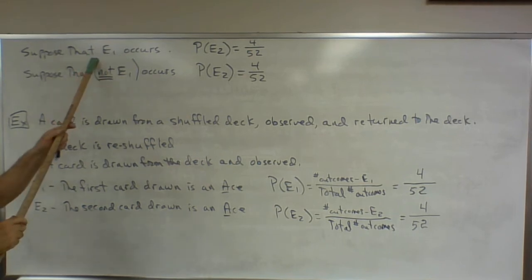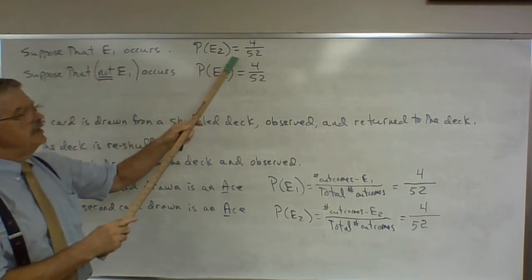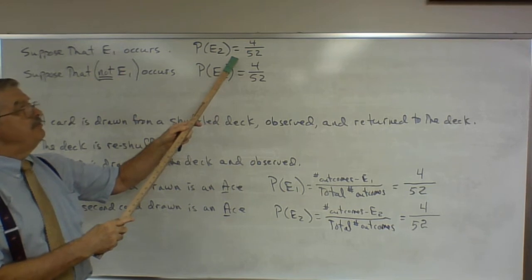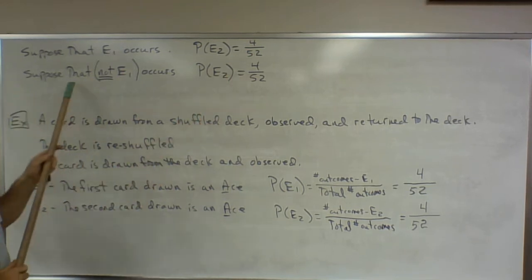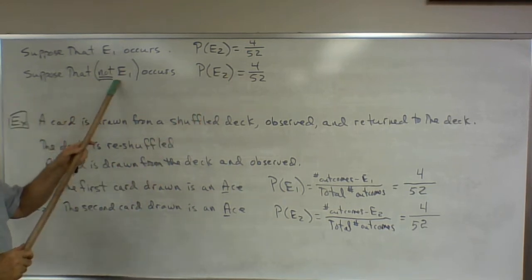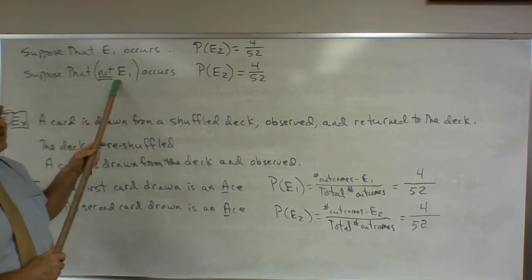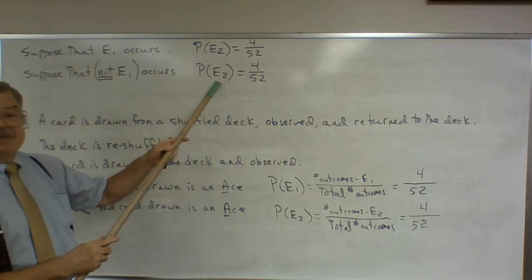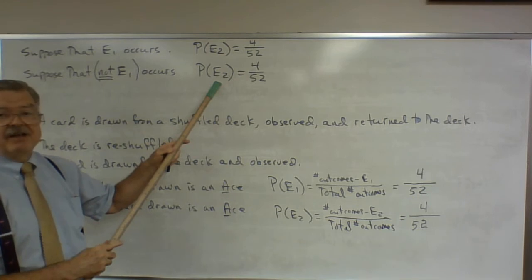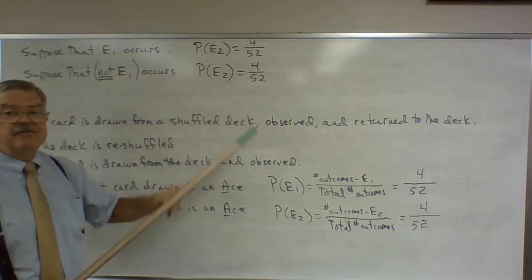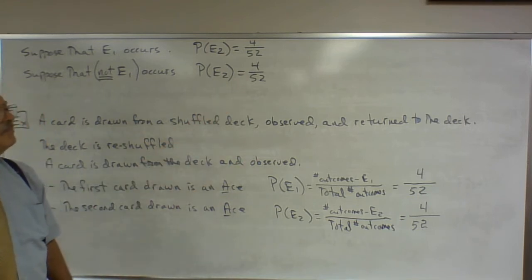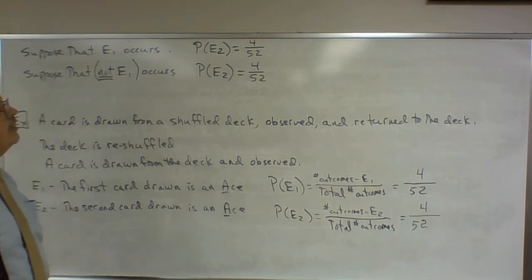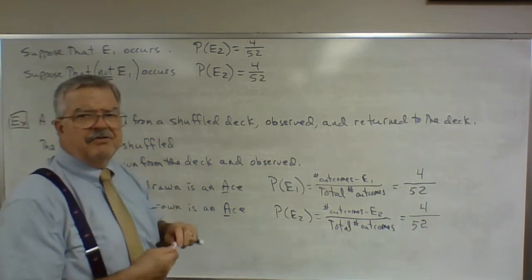If we draw an ace on the first draw, the probability that the second draw gives us an ace, 4 out of 52. If we don't draw an ace on the first draw, we draw something else, the probability that we draw an ace on the second draw, still 4 out of 52. Well, what does this all mean?